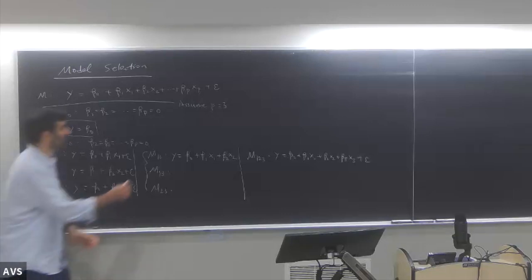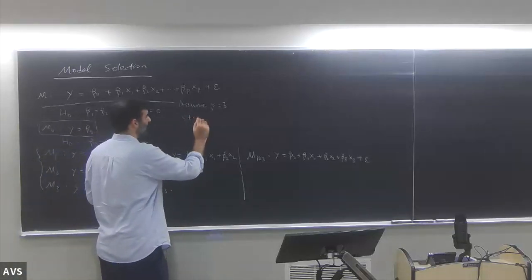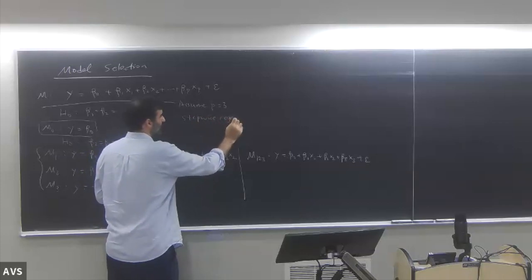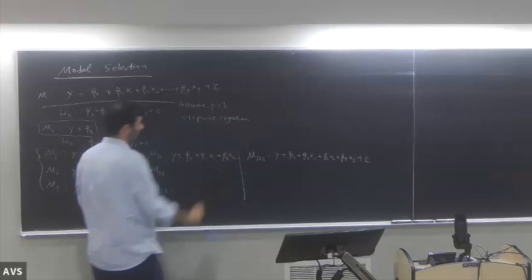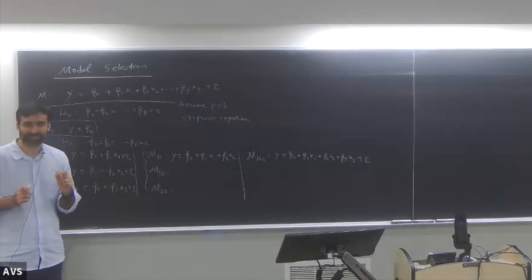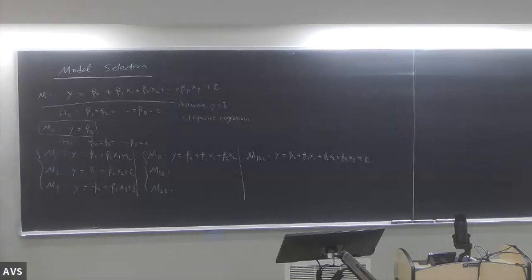There's a procedure called, for example, stepwise regression that does that in a greedy fashion. But generally, you want to consider all of them together and somehow score them. The general procedure is to assign a score to each model and then compare them based on the score. Pairwise comparisons require you to do a lot more.